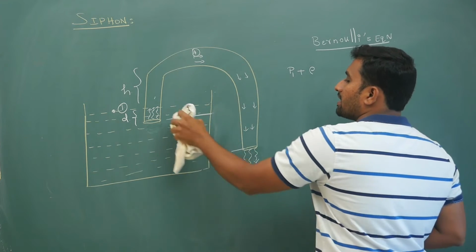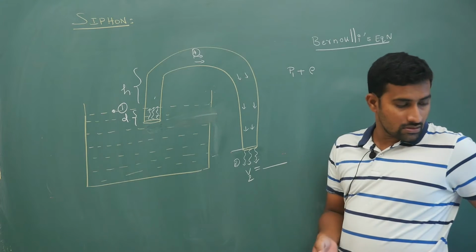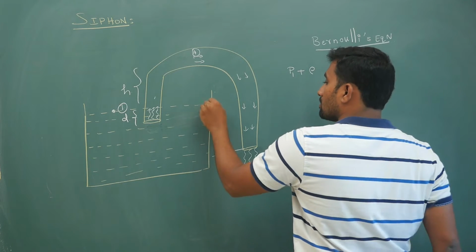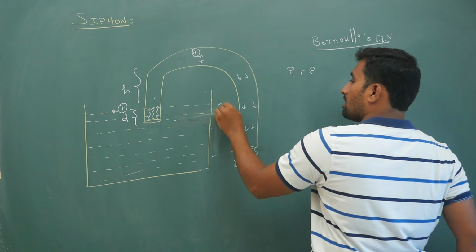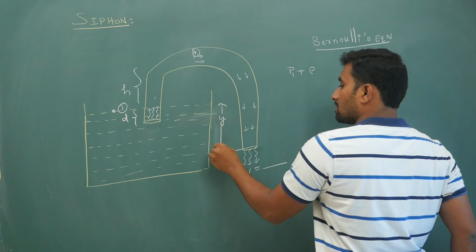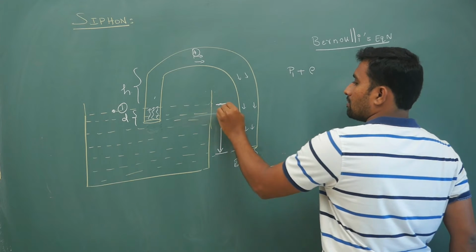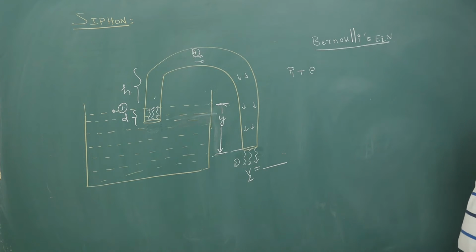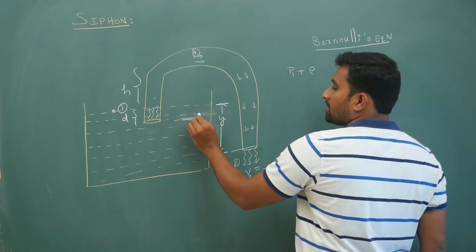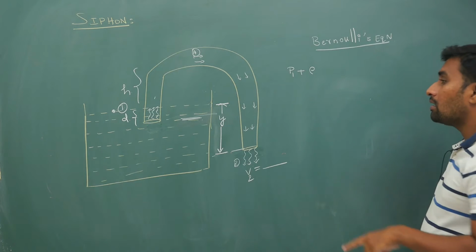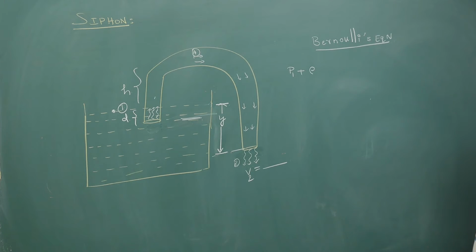So I am not taking this height to be y, I am taking this height to be y. You are supposed to calculate that height y and give the answer in terms of y. It has nothing to do with this y minus d distance, whether it has some effect or not we will see now, don't worry.